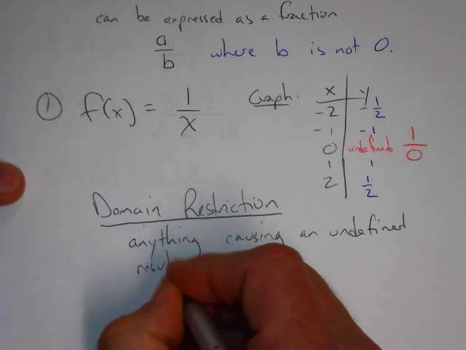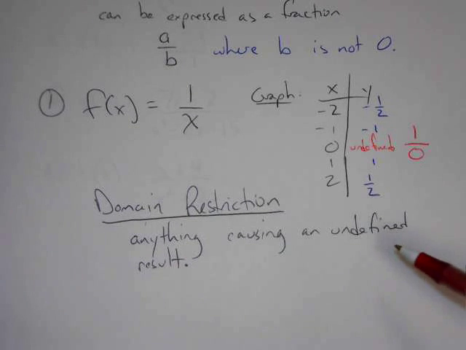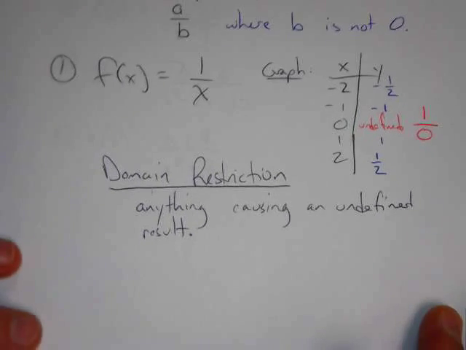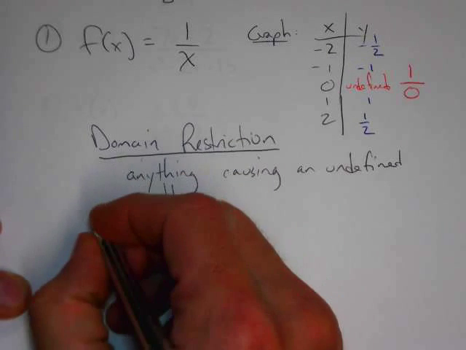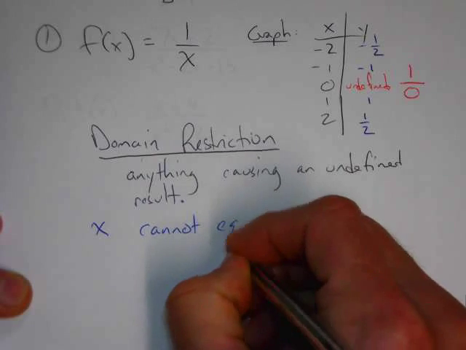All right. So in the example of question 1, clearly we see that the domain restriction here is that x can't be 0. And so what we're saying in problem number 1 for the domain is that x cannot equal 0. All right, so x cannot equal 0.